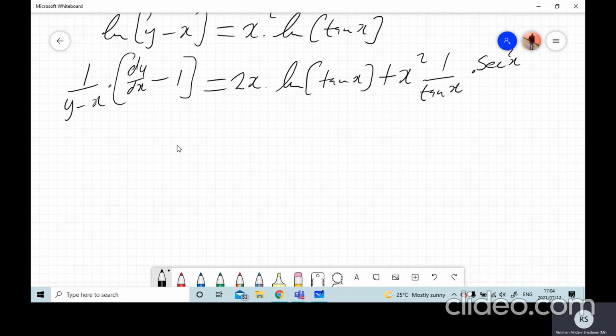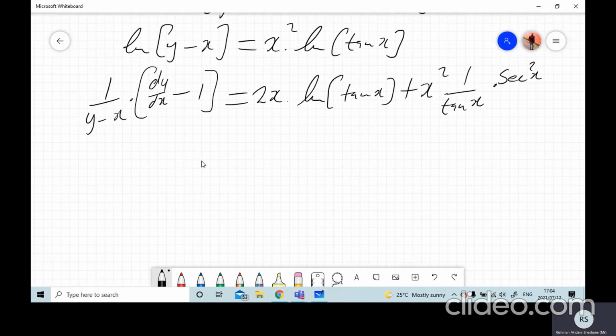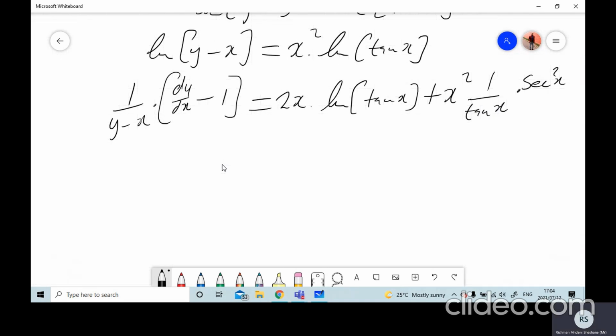so this is our derivative, but we need to see what is dy dx. So we need to solve for dy dx. The first step here, we agree we need to multiply by y minus x, so we'll be able to cancel this term. When we multiply by y minus x on my left hand side, it will cancel, so I'm left with dy dx minus 1 equal to, remember I'm multiplying left hand side and right hand side by y minus x.